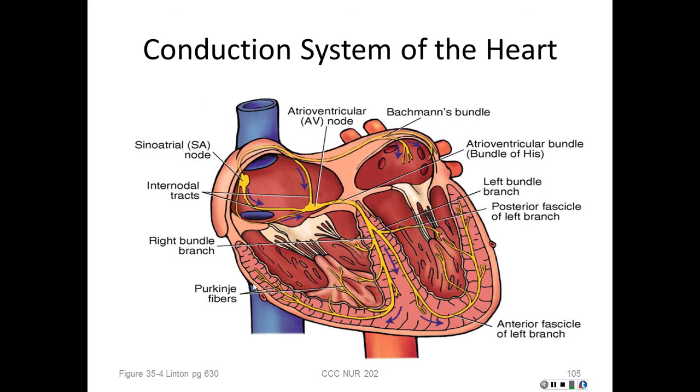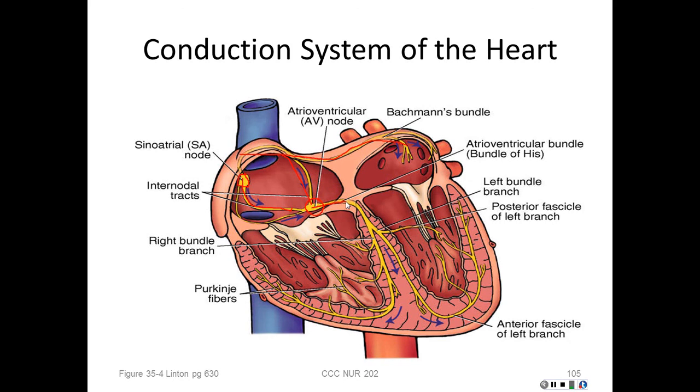I'm not going to go through it a lot, but you've got the SA node up here, which is kind of the on-field quarterback. It goes down through the internodal pathways, down to the AV node and across to the other atrium. When you get to the AV node, the rate is beginning to slow down.